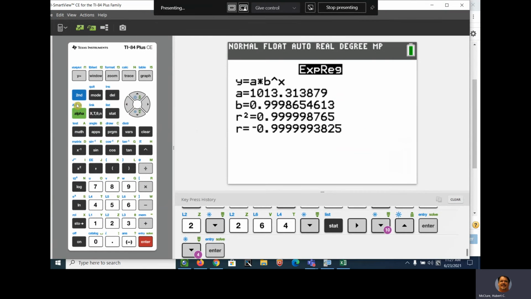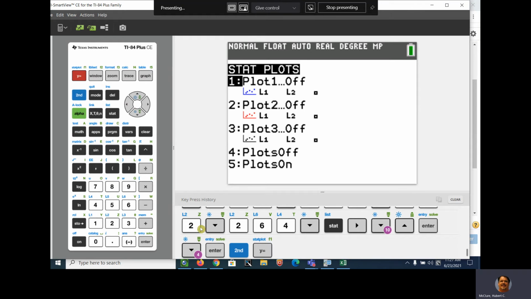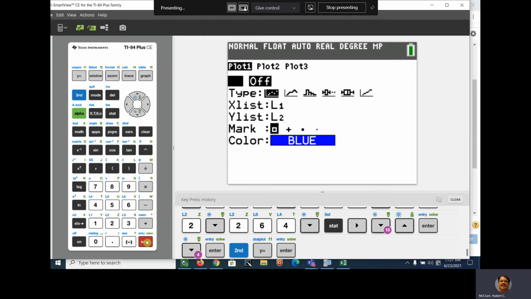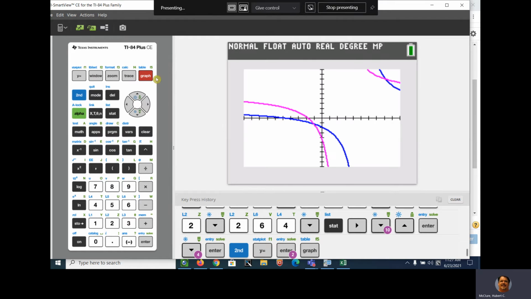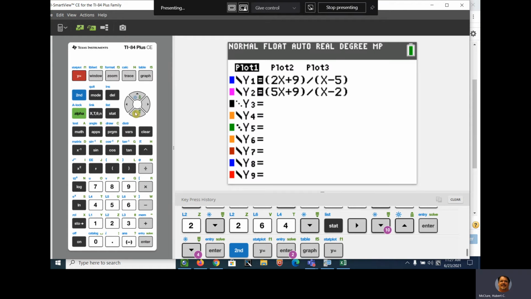Now, if you want to graph it, you can go to Stat or Second, Y is equal. Turn on your plot, and it's already defaulted to scatter plot, L1, L2. All that's default, but hit graph. And you need to go through and take out these two, clear and clear.